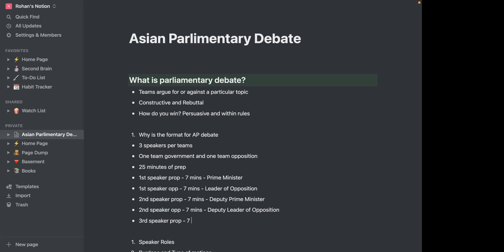7-minute speech. What is the third speaker supposed to do? A third speaker is slightly different. In Asian parliamentary format, a third speaker is not really allowed to give new argumentation, which means you cannot give brand new constructives that are individually unique from whatever your first two speakers have given.